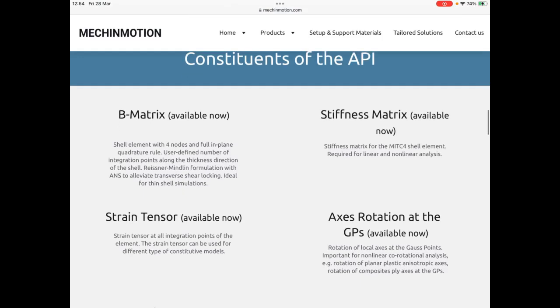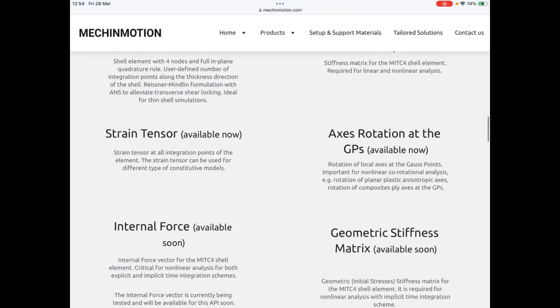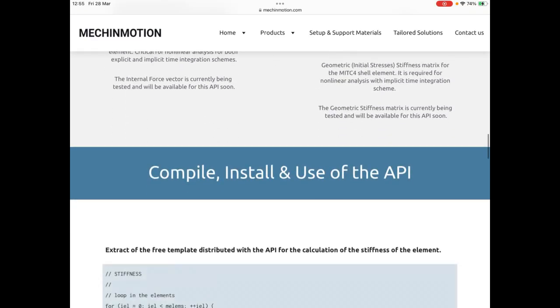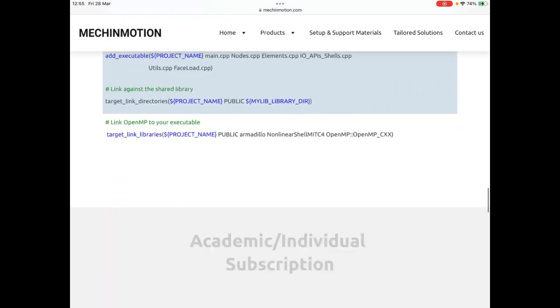You can see that this API provides the strain displacement matrices, the stiffness matrices for linear analysis, and also provides other important FEA constructs that are fundamental for nonlinear continuum mechanics analysis, like the strains, stresses, rotation of the axes, internal forces, geometrical stiffness matrices, and other things.